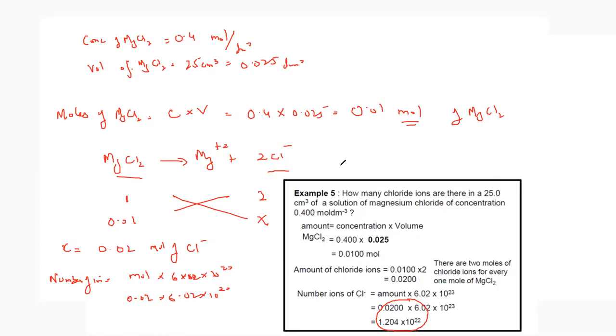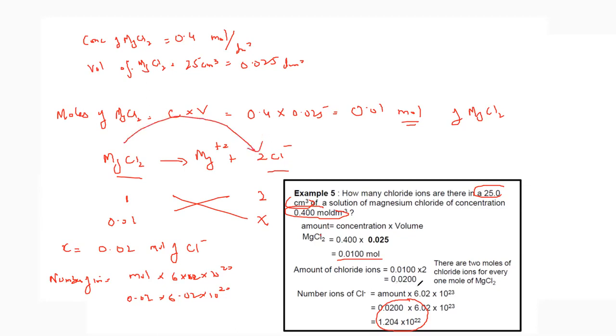So first, because we had the amount of magnesium chloride, using the volume and concentration of magnesium chloride, we got the moles of magnesium chloride. And then we used the ratio to know the moles of chloride ion in magnesium chloride, as the ratio is 1:2.